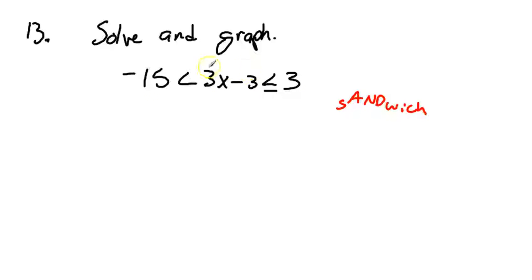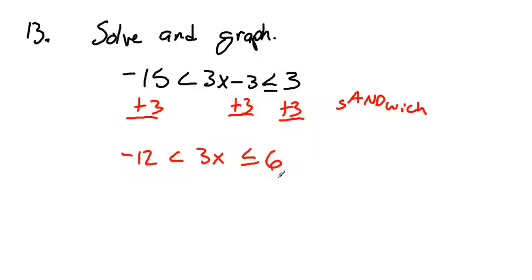Okay, and if it's all sandwiched together like this one is, when you solve for 3x minus 3, you would add 3, but instead of just adding it to two parts, you're going to add it to all three parts, the left and the middle and the right side. And then because you've got 3x, you're going to divide everything by 3.